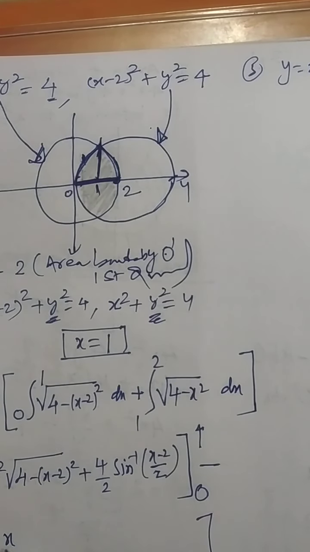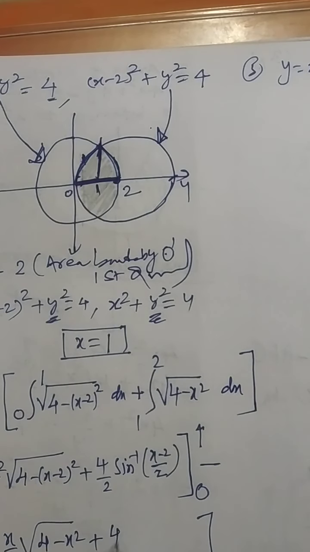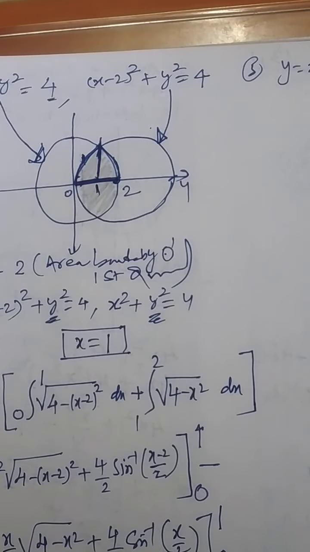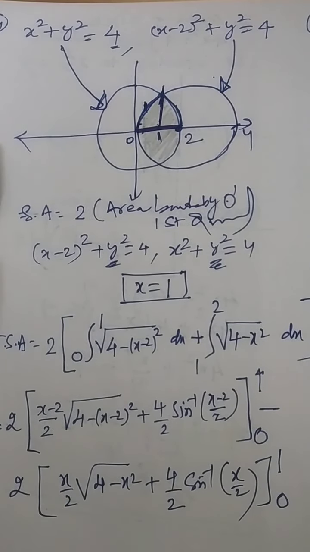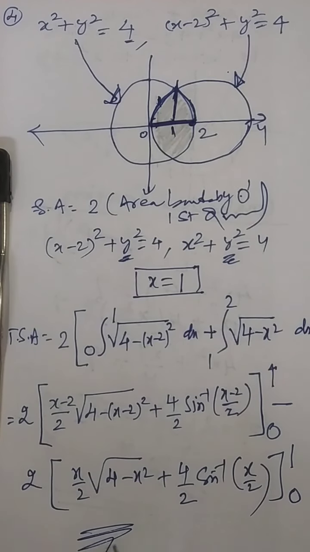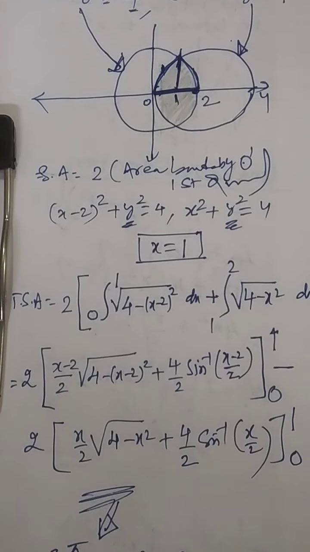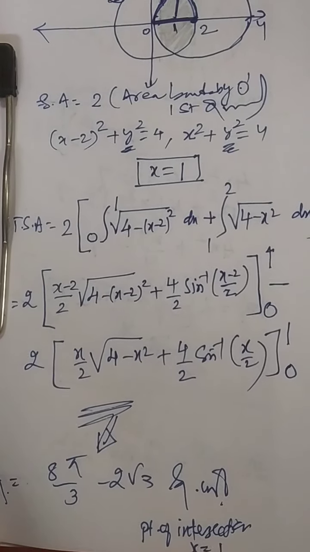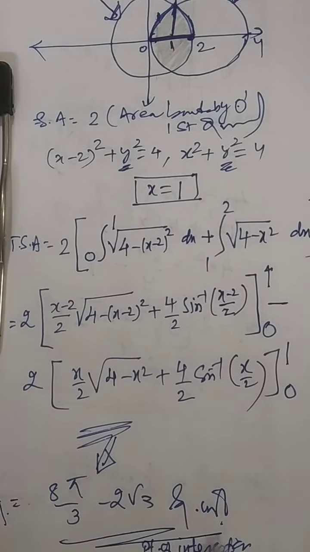For this one it will be x by 2 times the square root of 4 minus x square plus a square by 2, meaning 4 by 2, sine inverse x by 2. Simplify and get the answer. So I am leaving this question here, and you can confirm the answer. Are you getting the answer like this? Is it okay? This will be the answer.